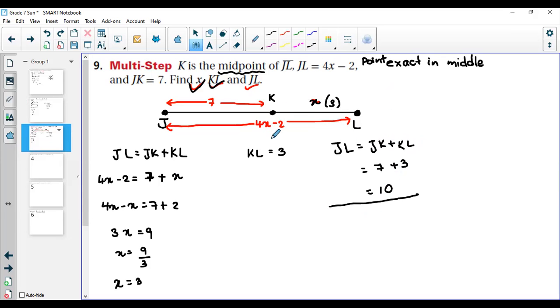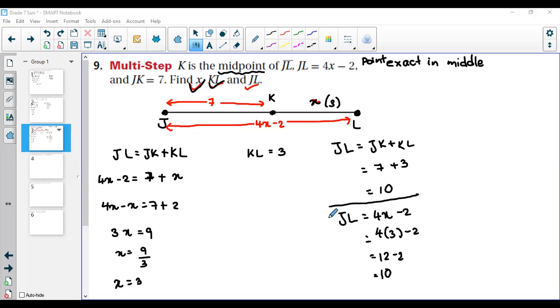Another way of doing it is you can simply substitute the value of x, that we got as 3, in place of x, so that's going to give you 12 minus 2, which is also going to be 10. So as I told you, many ways to do, up to you which way to choose.